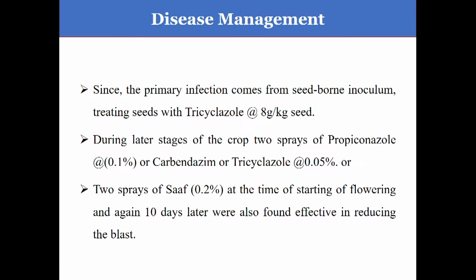During the later stage, spray the crop with propiconazole at the rate of 0.1%, or carbendazim or tricyclazole at the rate of 0.05%, or a spray of SAAF at the rate of 0.2%, at the time of starting of flowering and again 10 days later. You will find this effective in reducing the blast disease.